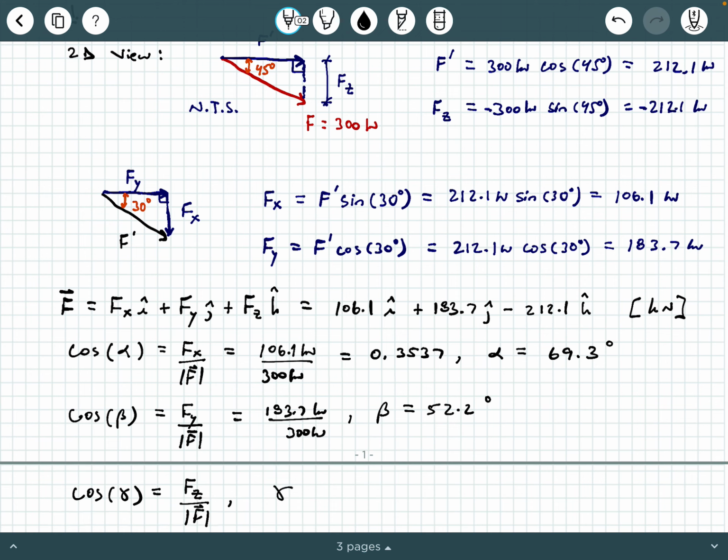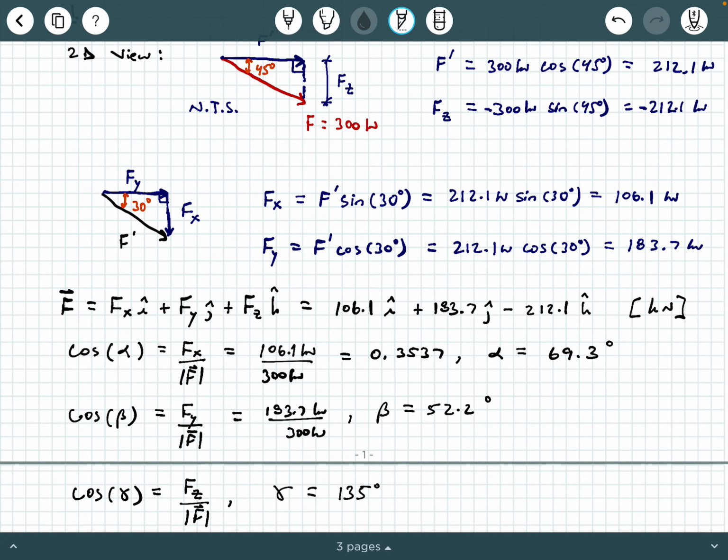I'm going to skip an intermediate step here and go straight to my final answer. So remember, for fz, you have to include that negative in the negative 212.1, okay? So make sure you include that negative in your arc cosine operation, and you should get 135 degrees here, okay? And these are your coordinate direction angles. And so all of that collectively is the solution to this problem.